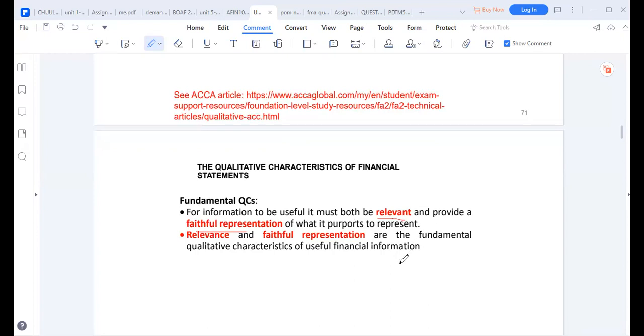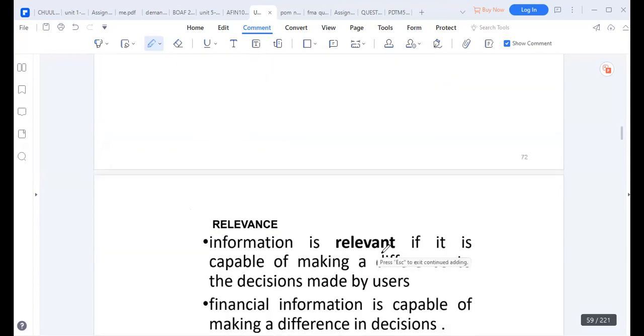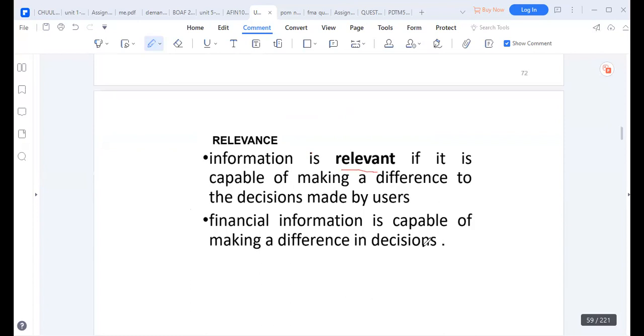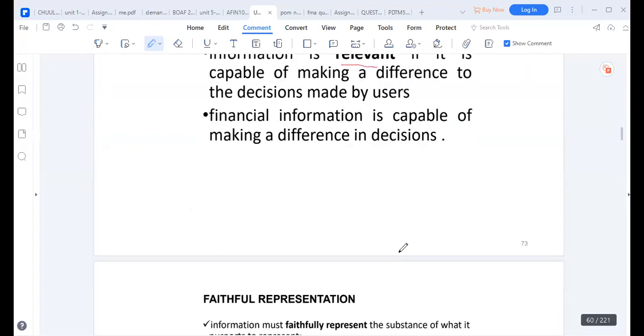of what it purports. These are called fundamental in the sense that they seek to make a difference to decisions made by the users of financial accounting, because information that is relevant is applicable, it is useful, it is capable of making a difference in decisions.